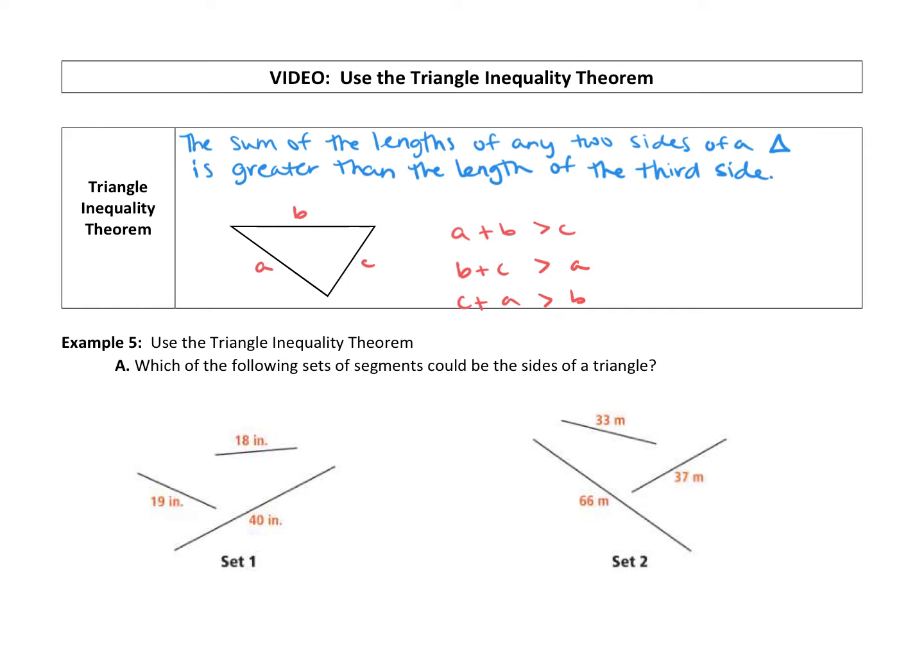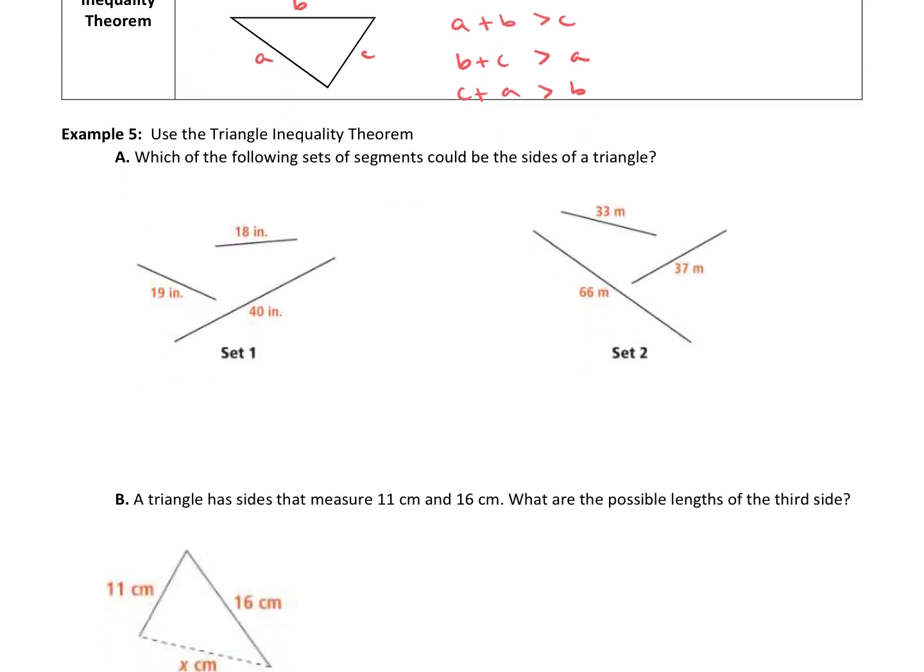All right, so let's put that into practice. In example 5, we're going to use the triangle inequality theorem. Which of the following sets of segments could be the sides of a triangle? What you can do is focus on the two smallest sides of our possible triangle.